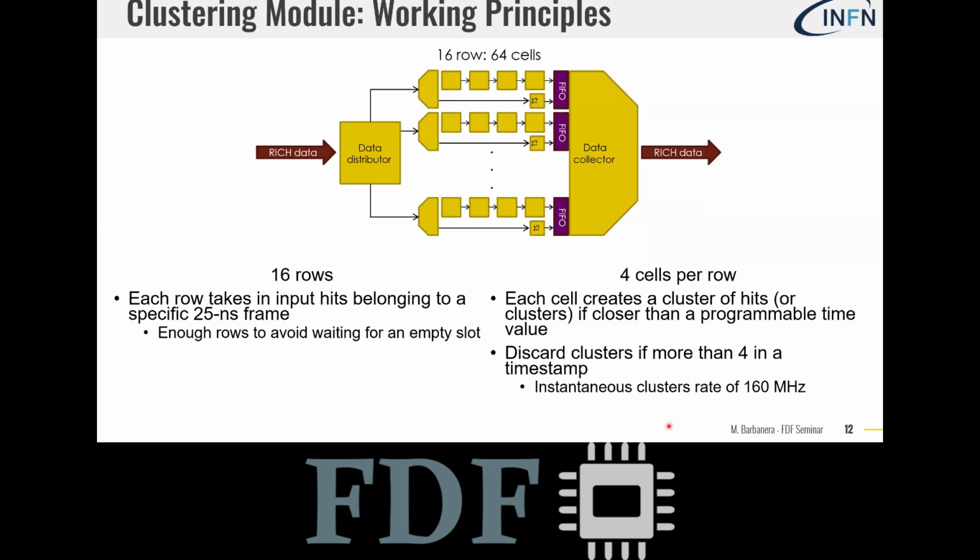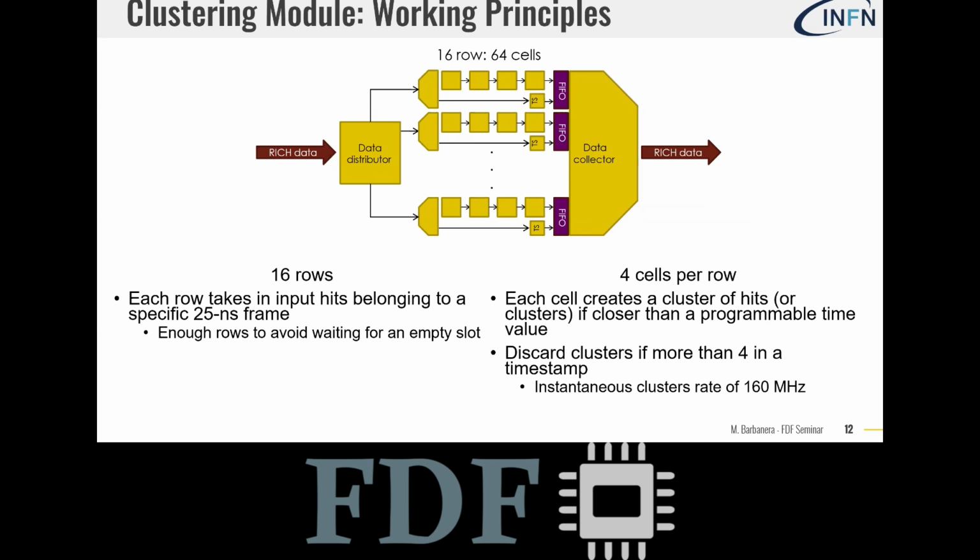The first one is the data distributor, which reads data from the TDCBs or the data converter or the SL merger, and writes the data into 16 rows. Each one of the rows takes in input only hits belonging to a 25 nanosecond frame, and there are enough rows so that there will always be an empty row in which the data distributor can write.